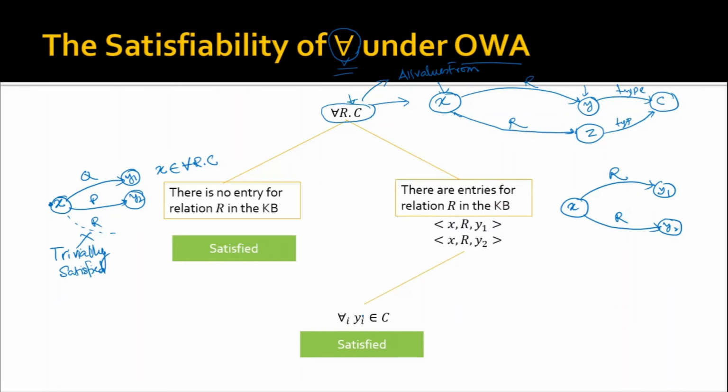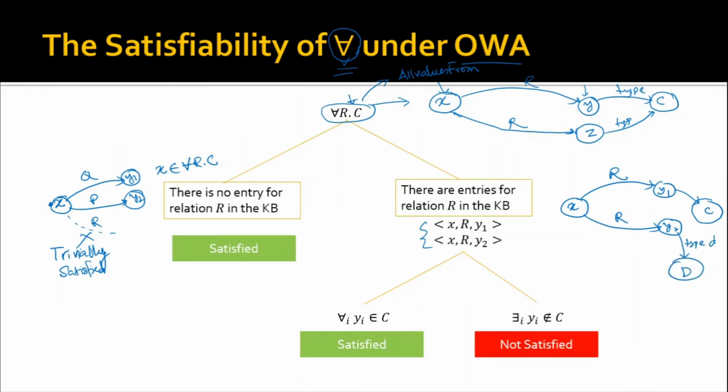One case is that for all Yi, they belong to C. So these are types of C. In that case, given my knowledge base, this expression for all R.C is satisfied, right? The other case is if you find at least one Yi, let's say Y1 belongs to C, and Y2 is of type, say D, and C and D are disjoint, right?